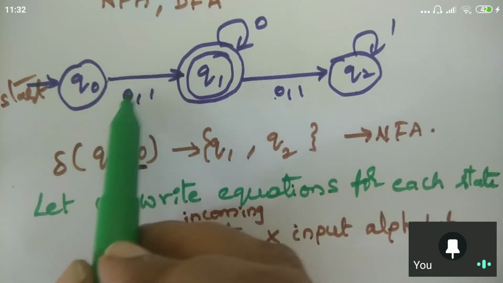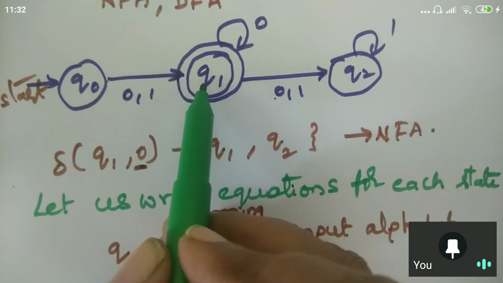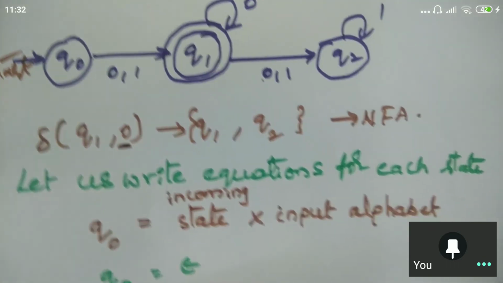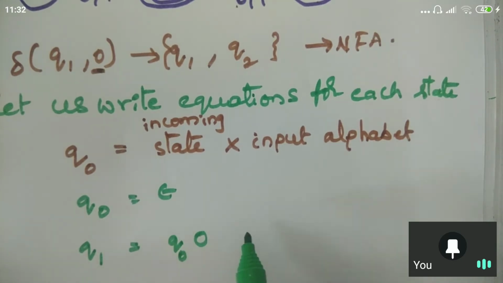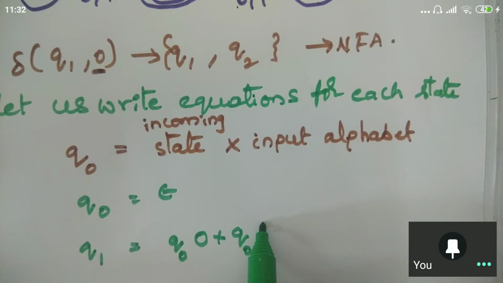Q naught on 0 it will transition to Q1, on 1 also it is transitioning to Q1. So that means we will be writing Q1 as Q naught on input alphabet 0 plus Q naught on input alphabet 1 plus Q1 on input alphabet 0.